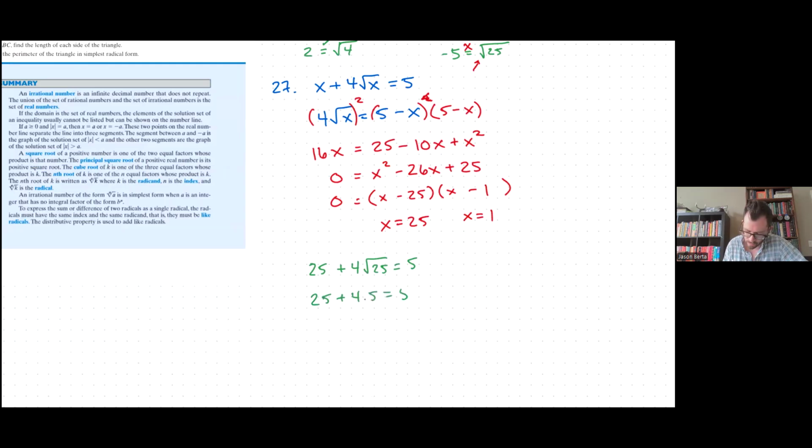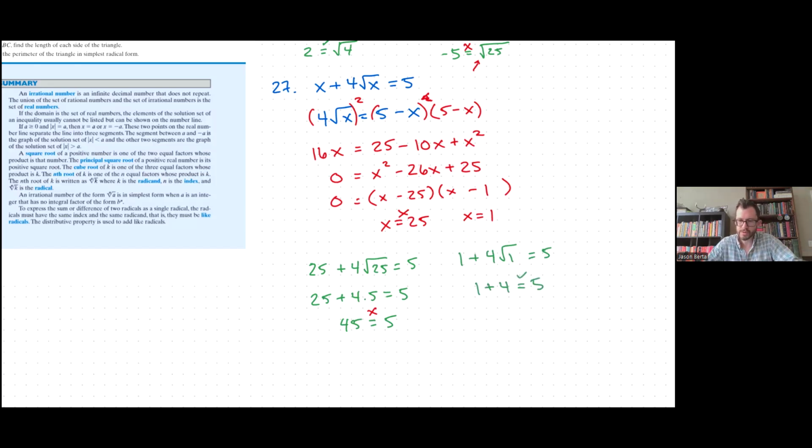This is actually 45 equals 5. That is not a true statement. So 25 does not work. What else? 1 plus 4 times the square root of 1. Does that equal 5? Well, yes, the square root of 1 is 1. So this one definitely checks out. Our answer is x equals 1.